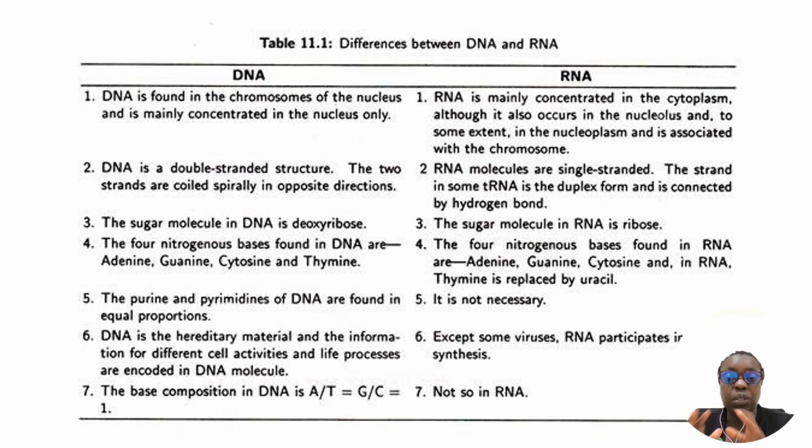So in this slide, we can look at the differences between DNA and RNA. You look at them slowly in terms of where DNA is found, where RNA is found, the structure. DNA is double helical, RNA is single-stranded. The sugar molecule in DNA is deoxyribose, the sugar molecule in RNA is ribose. The base composition, DNA is AGCT, but the base composition is AGCU in RNA.